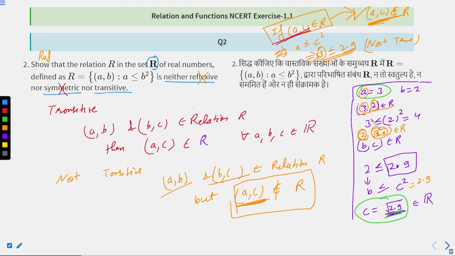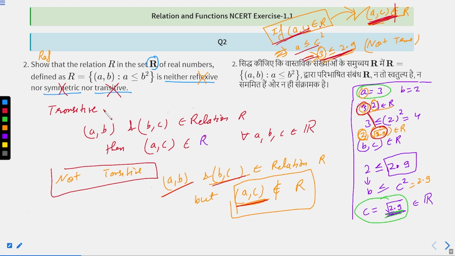But the (A, C) pair does not belong to R. As you can easily see, if it did, then this would also be true, but it is not true. So (A, C) does not belong to R. So we showed that if (A, B) and (B, C) belong to the relation, but (A, C) does not for some A, B, C, then we can say that it is not transitive.